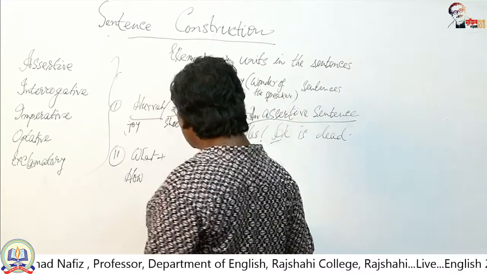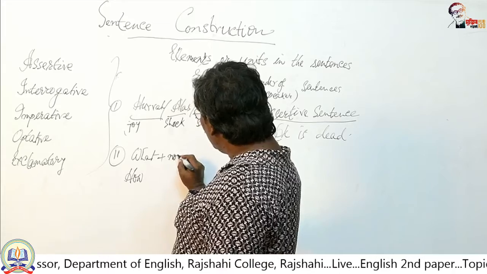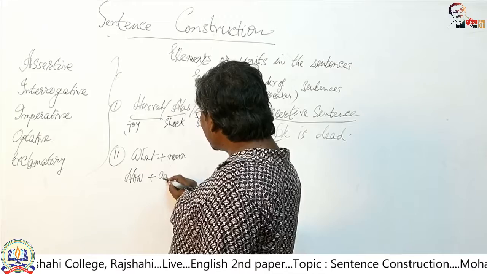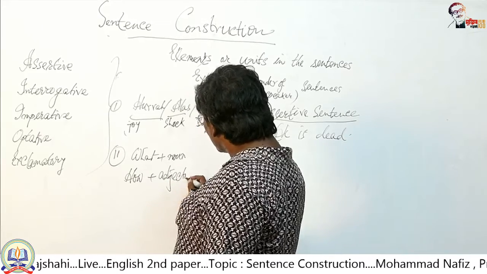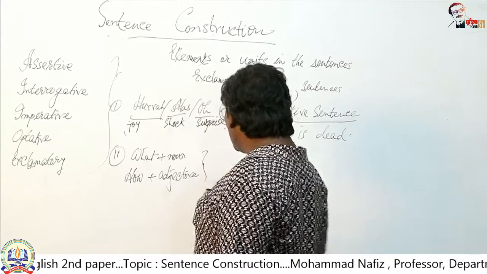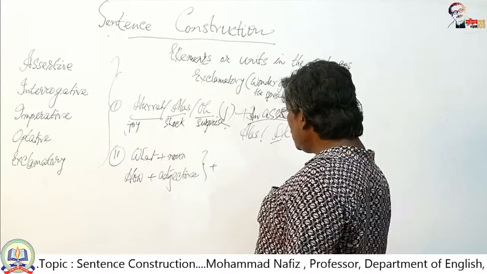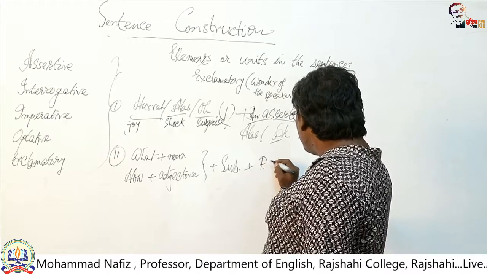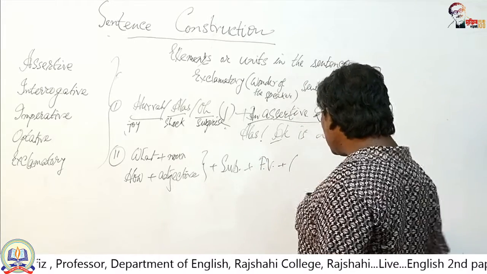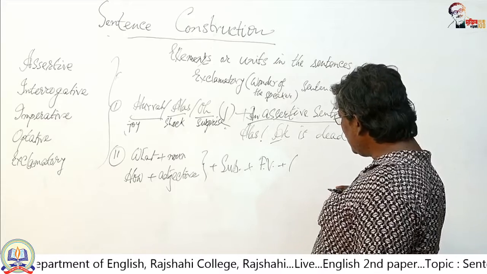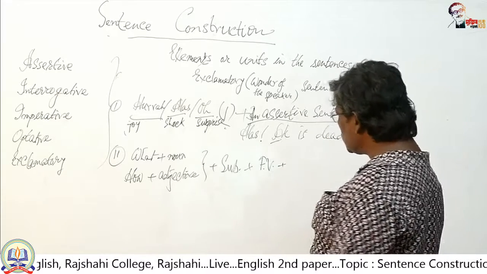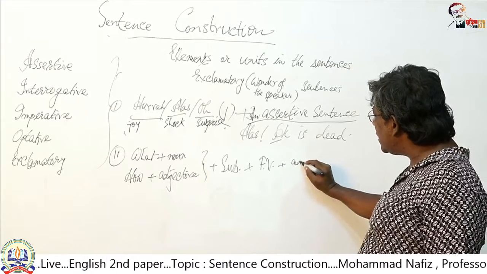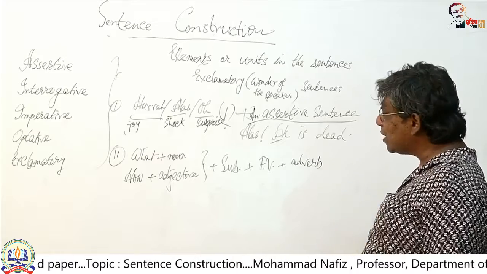What plus noun, and how plus adjective, plus subject plus finite verb, and if necessary there may be such sentences usually do not have any adverb or adjective. Sometimes there may be a few adverbs in such patterns of sentences.